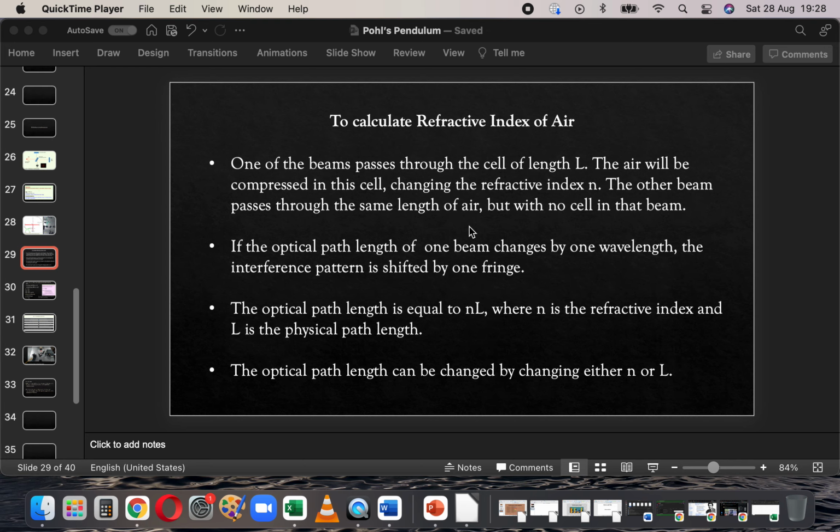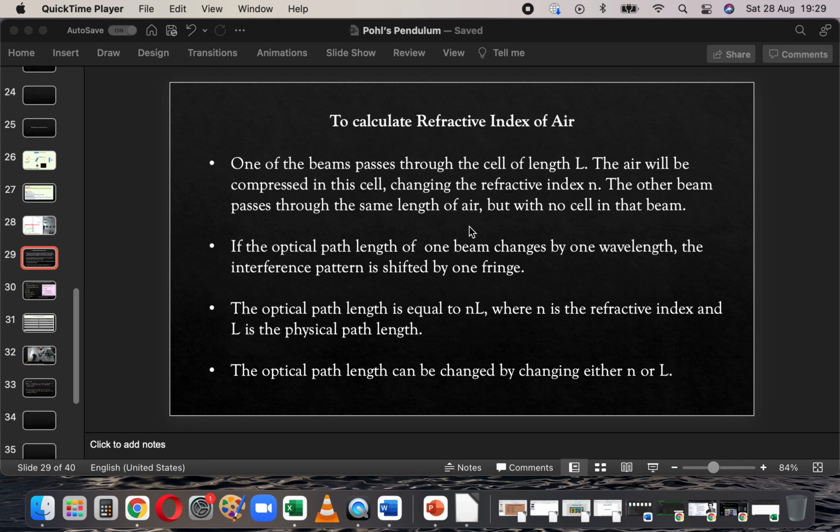It's easy enough to see why, because you know the definition of the refractive index in terms of the speed of light and the speed in the medium. So the optical path length is nL. Now you can change the optical path length to change the fringe pattern, either by changing the refractive index, or by changing the path length.